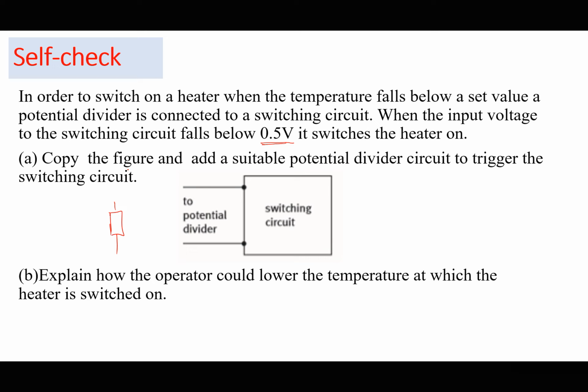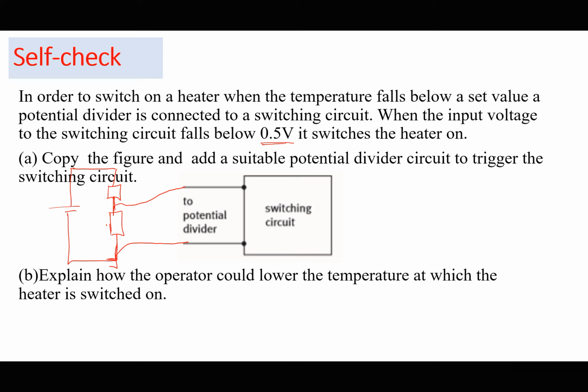So you need to have a potential divider. So the PD across this should fall. So I'll put this across the switching circuit. So the PD across this should fall to 0.5.